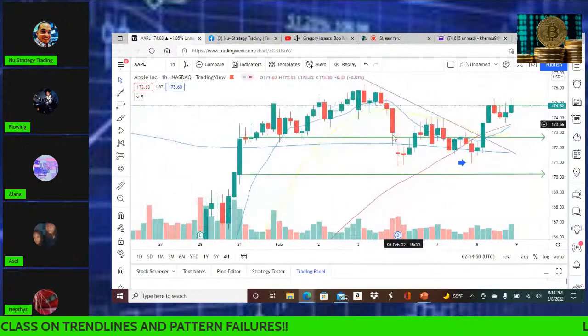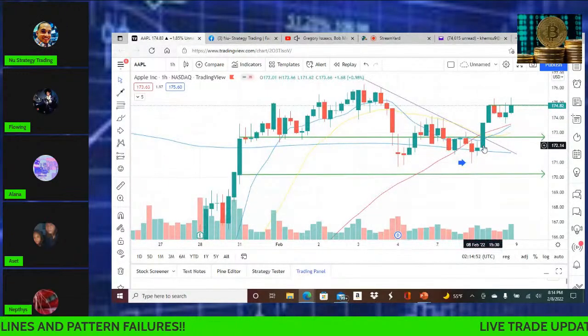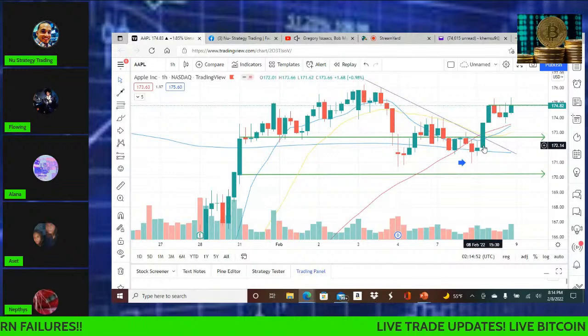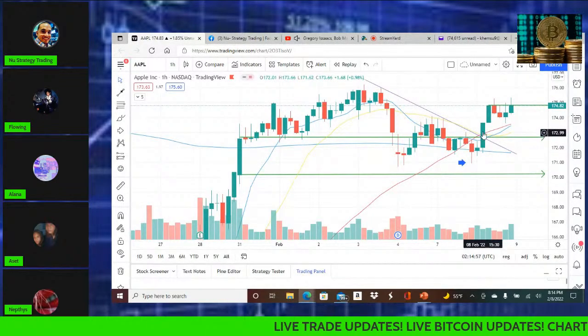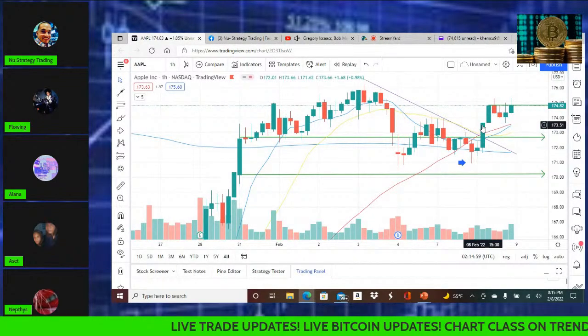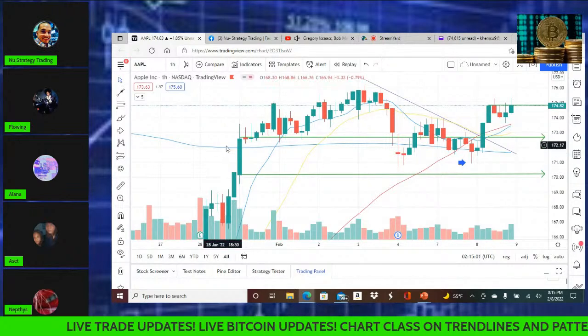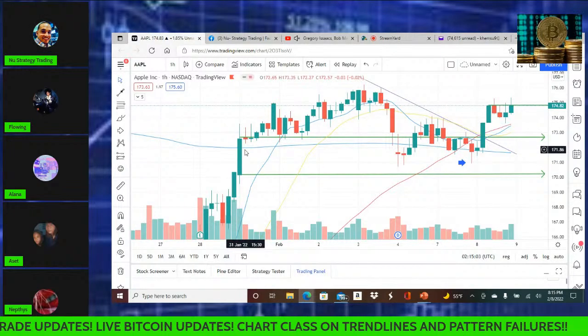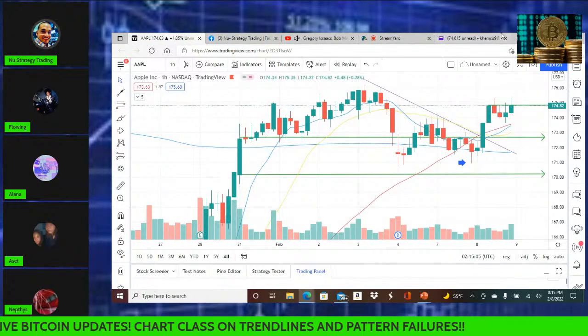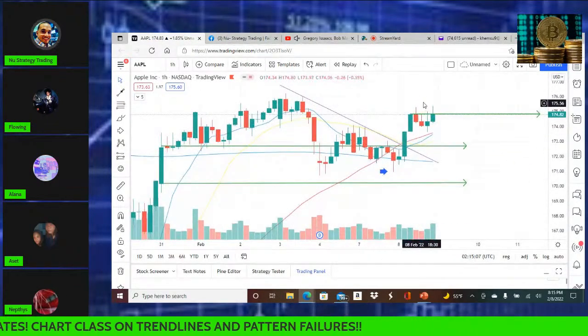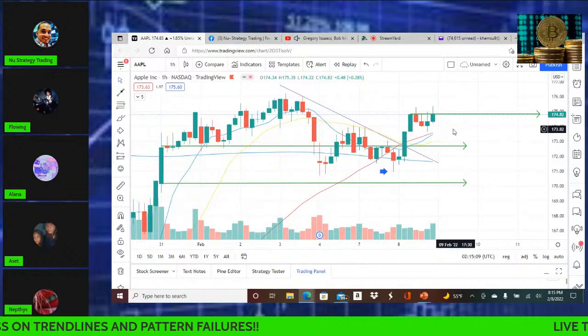And then all of a sudden, wow, you have this huge green bar that emerges out of nowhere, out of this zone created by this green bar, and broke that trend line. Now these bars have created the same zone.